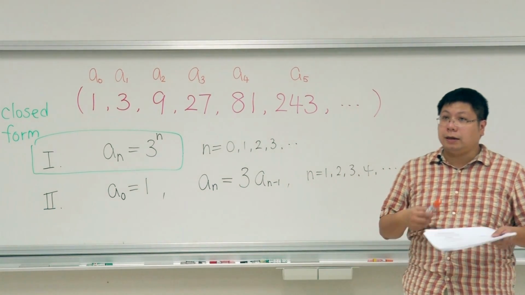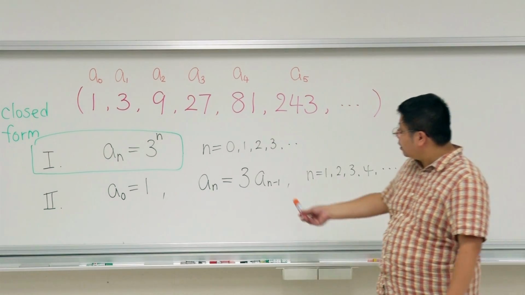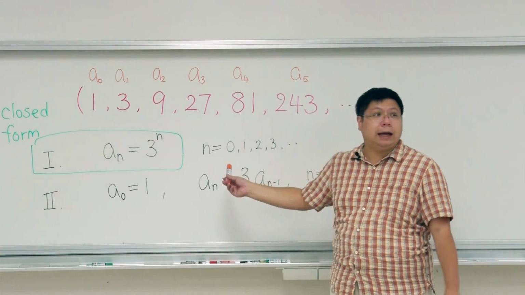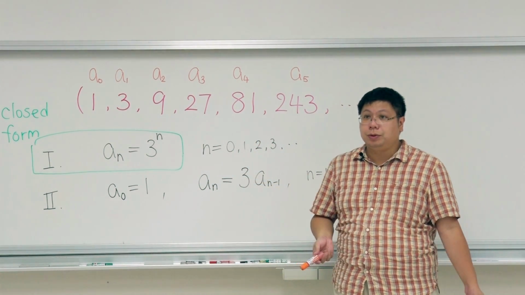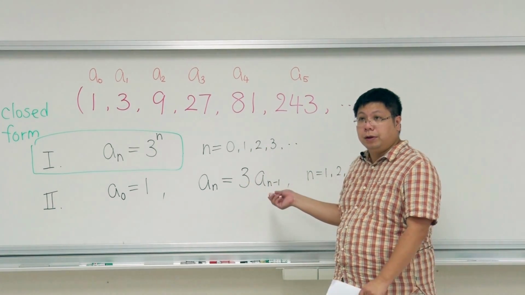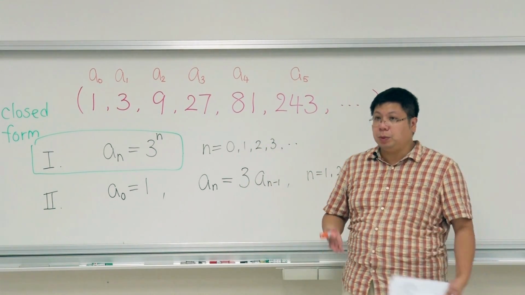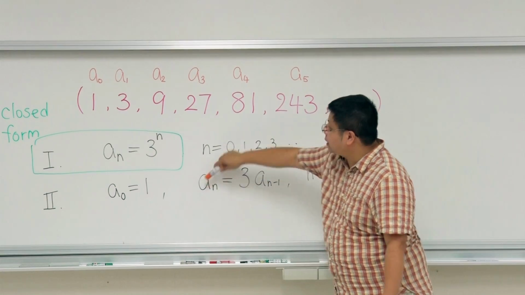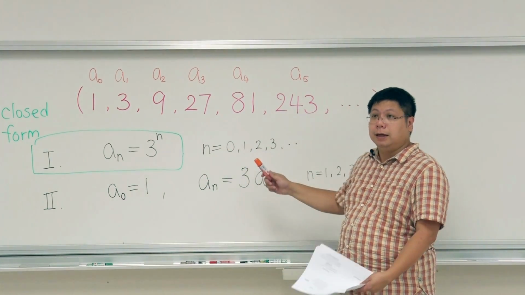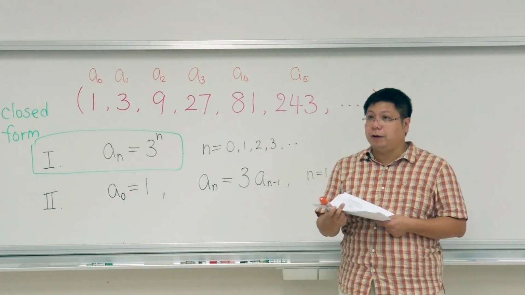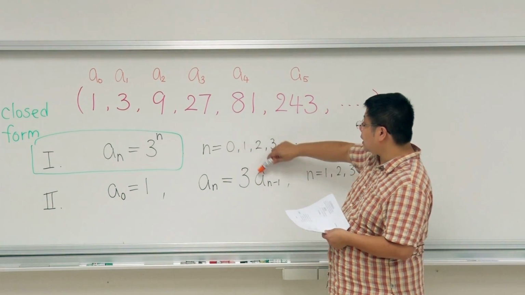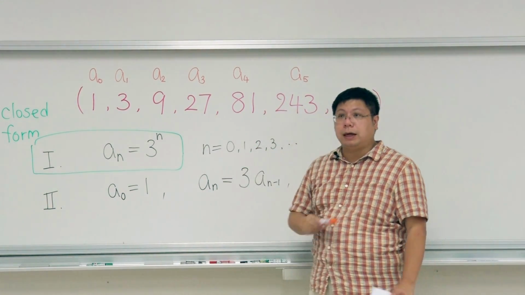After that, I can apply the relationship again to get A2, and so on. Eventually, if I want to compute A7, I can apply this again and again and I must get exactly the same result as the closed form.